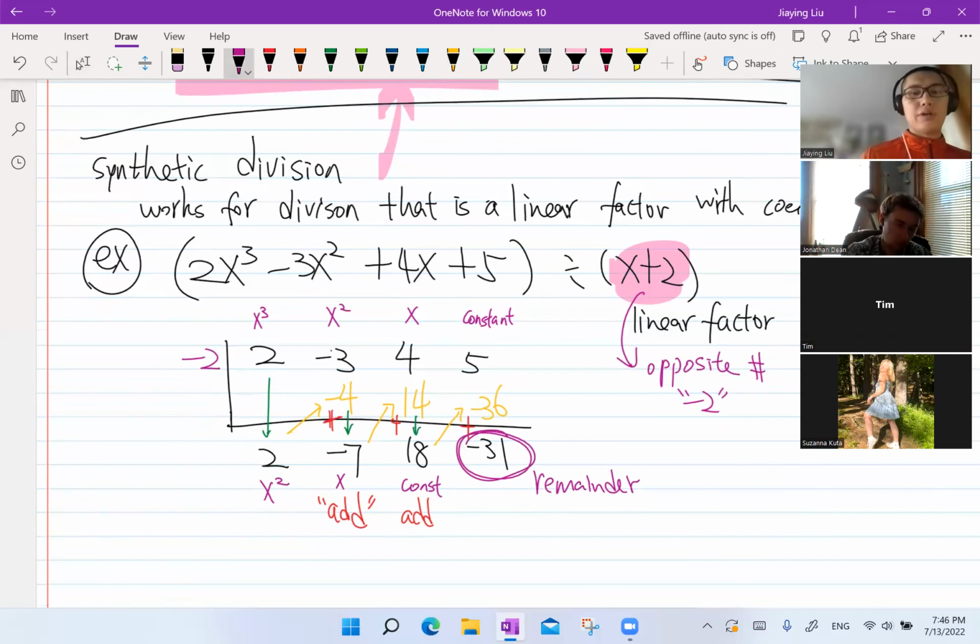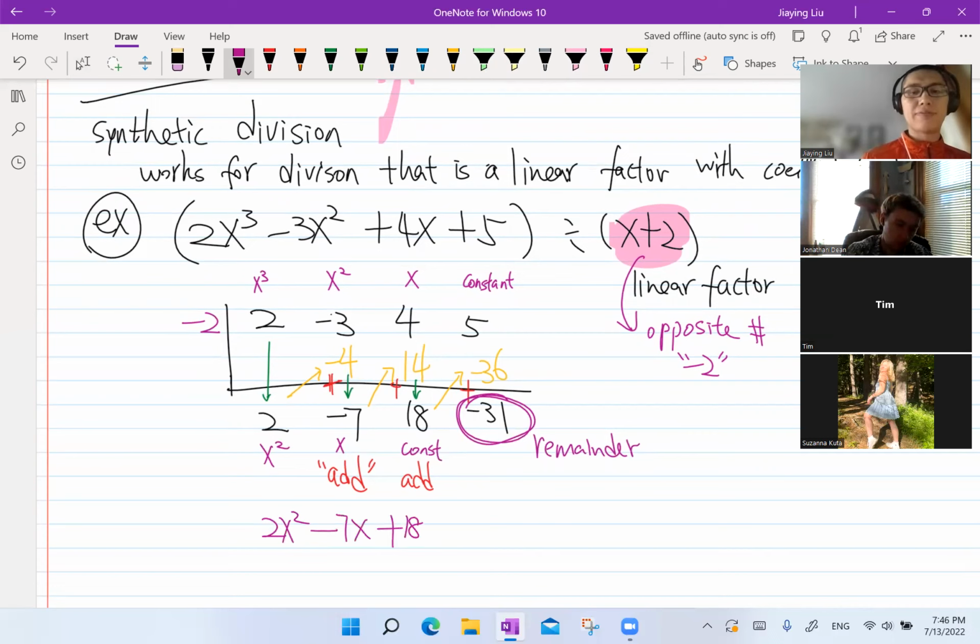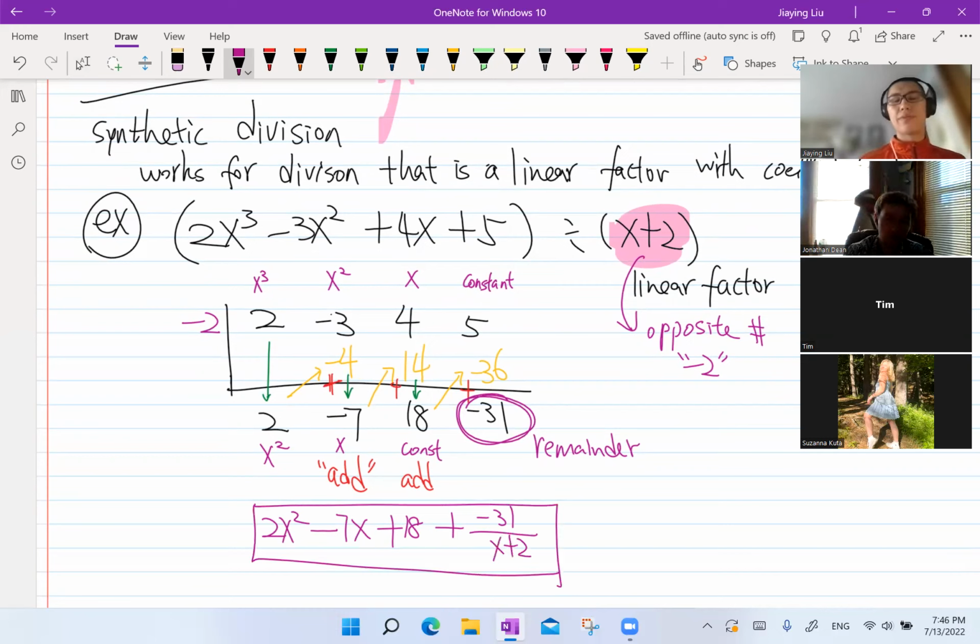So we can write down the quotient, which is 2x squared minus 7x plus 18. And then the remainder is going to be -31 divided by the divisor, x plus 2. So this will be my quotient and the remainder with the divisor at the end.